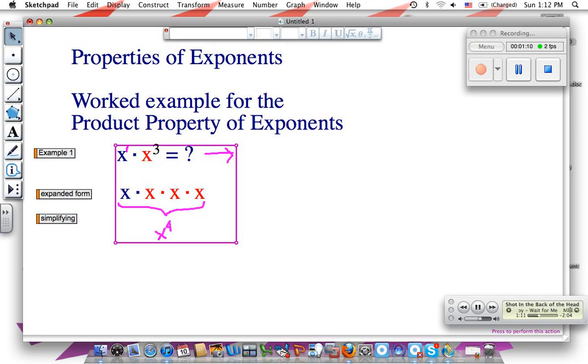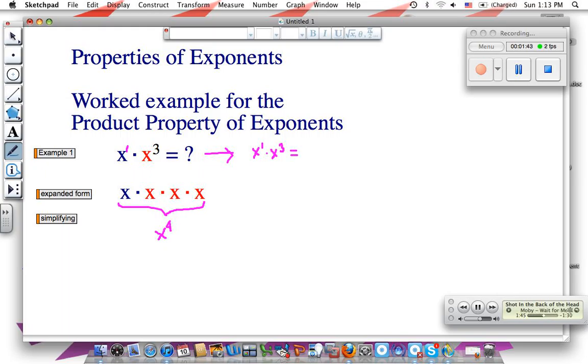Now as we simplify, we can take those x's together and say that would actually be x to the fourth. Now, looking at that and remembering your rule, the product property of exponents says that if we have x to a power multiplied by x to another power, the bases are the same, and the product property says that we can add the exponents.